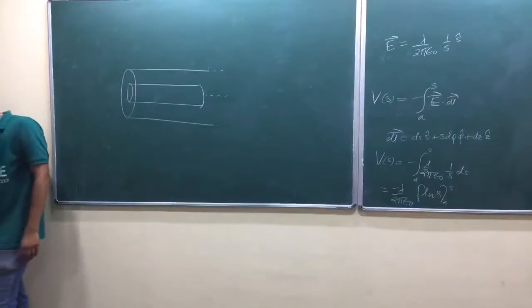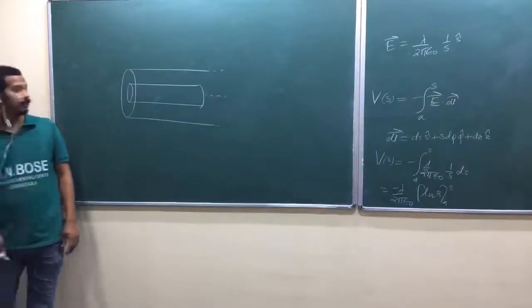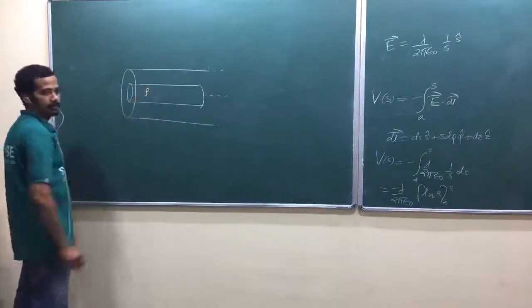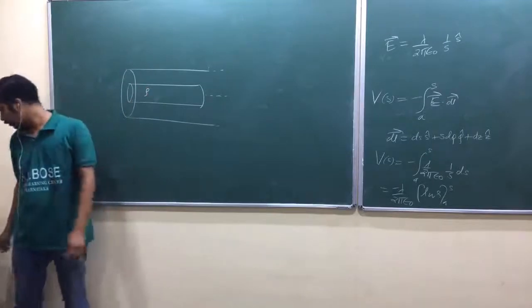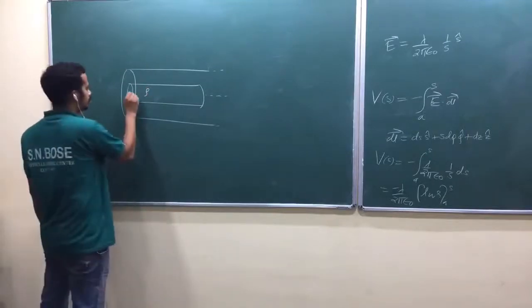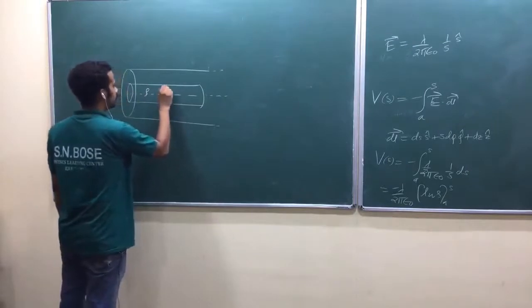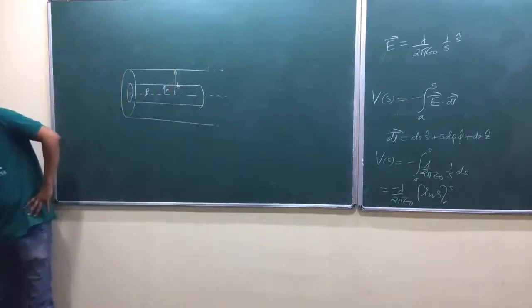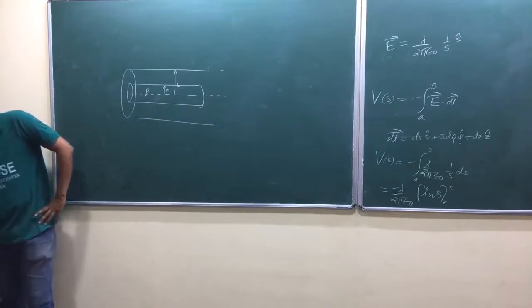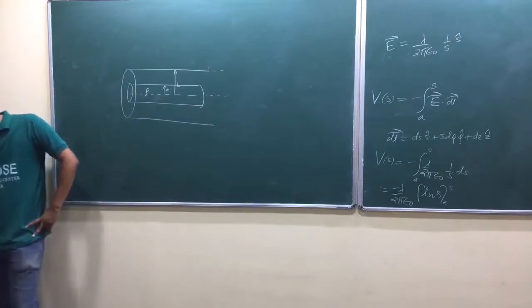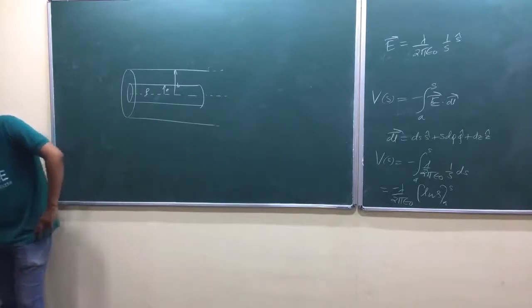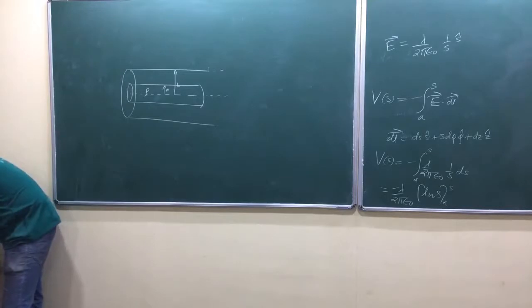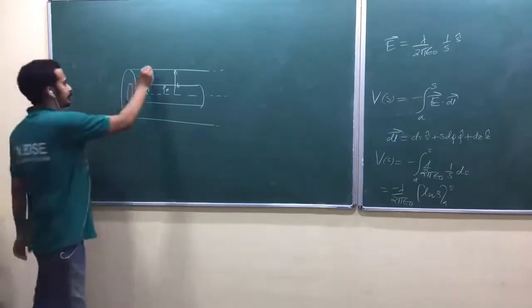The coaxial cable carries a uniform volume charge density rho in the inner cylinder. The inner cylinder contains uniform volume charge density rho, and its radius is A. Its radius is B, and there is a uniform surface charge density on the surface of the cylinder, and he didn't mention it, yeah, let it be.